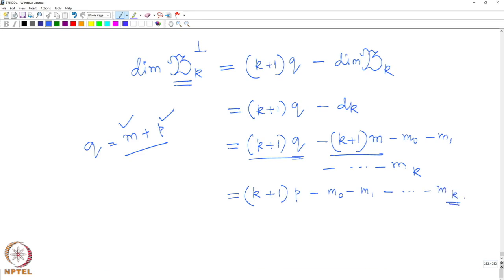Now, if k is bigger than or equal to capital K, that is the saturation point, where capital K is the smallest such number beyond which mk is equal to 0 for all k bigger than or equal to K.